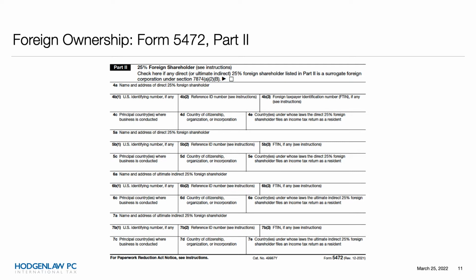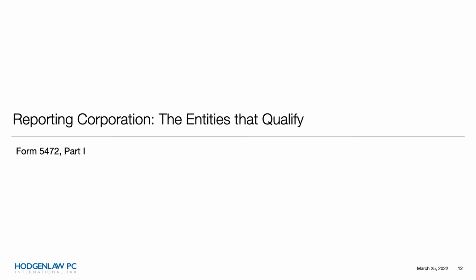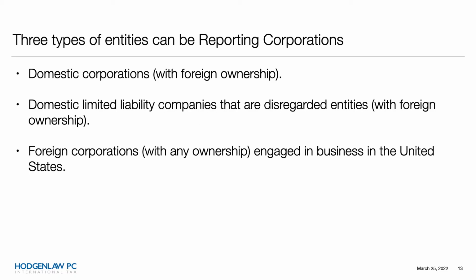So this is where we're living right now. So starting with part one, what kind of entities qualify? We already sort of gave you the clue in the previous slide, which is you're going to have domestic corporations, which is how this whole Form 5472 thing started.